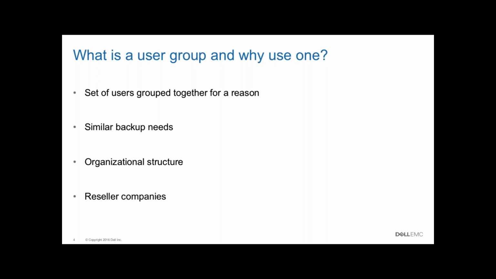Whereas John in the finance department or Mary in the sales department, you may not want them backing up audio, music, or video files because they don't need them for their job. So if it's similar, you can divide the organization by similar backup needs like that. User groups are useful in that sense because you're putting groupings of people together and backing up the similar content that they want and need.